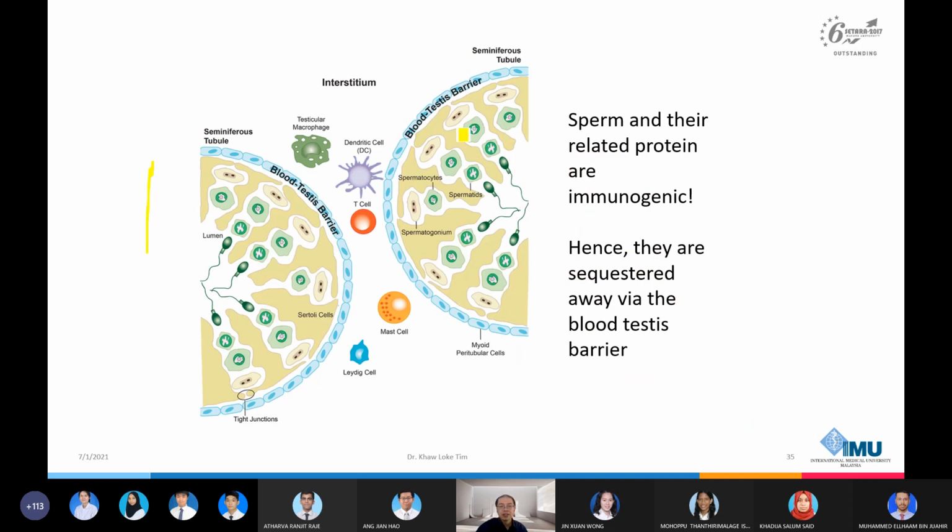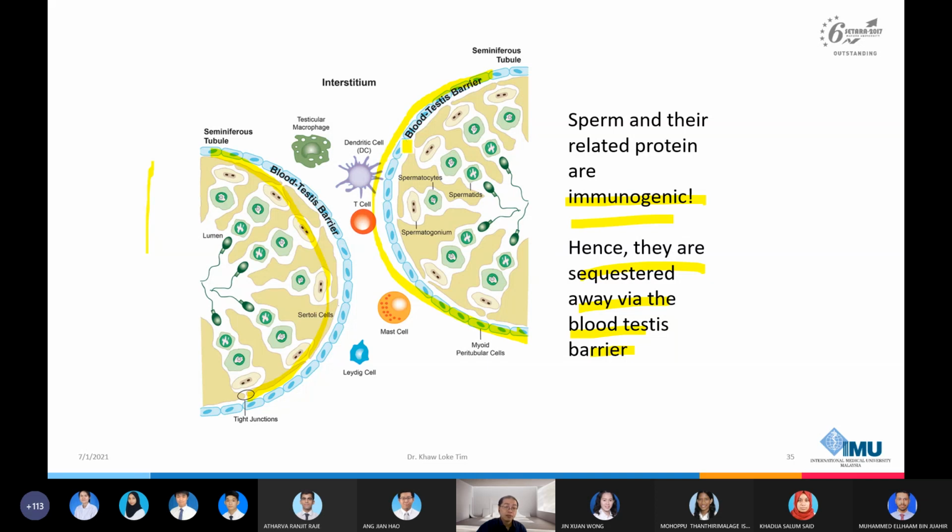Okay, we're going to talk a bit about the blood-testis barrier as an example. As you can see, this blood-testis barrier prevents interaction with the blood cells in any way. Why? Once the sperm gets contact with the immune system, they can cause an immune response. So they are sequestered away via the blood-testis barrier.